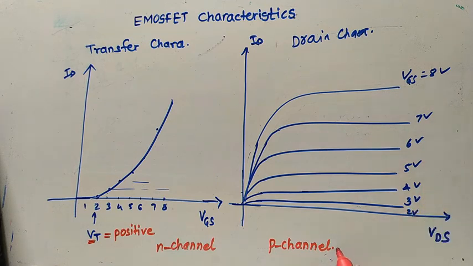So for P-channel VGS values will be negative, and the VT value is also negative.